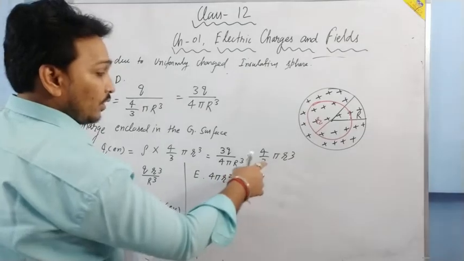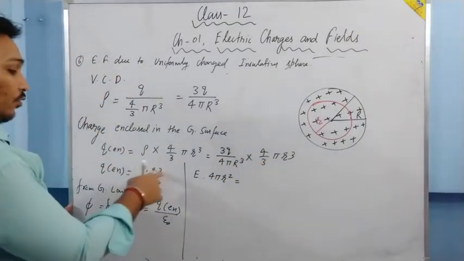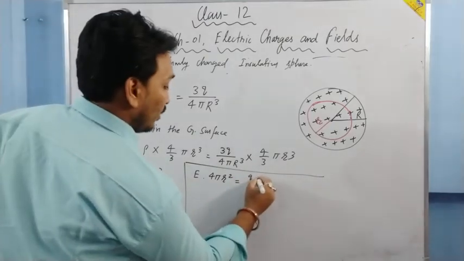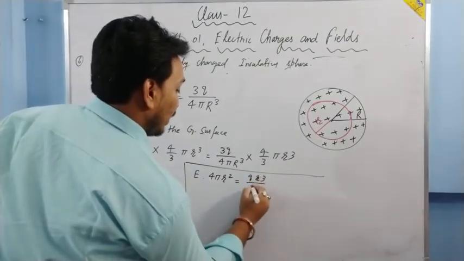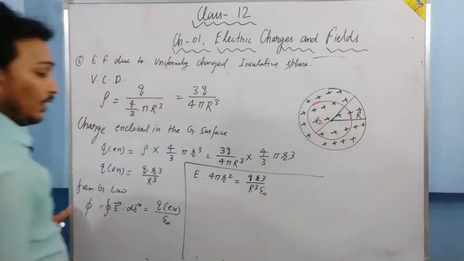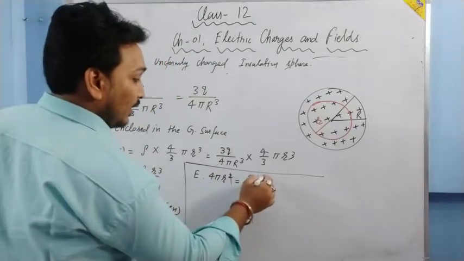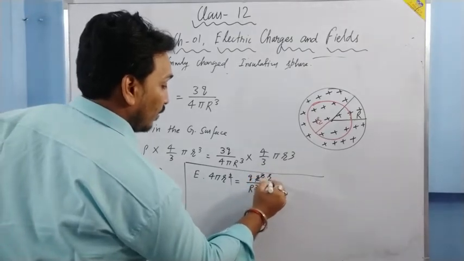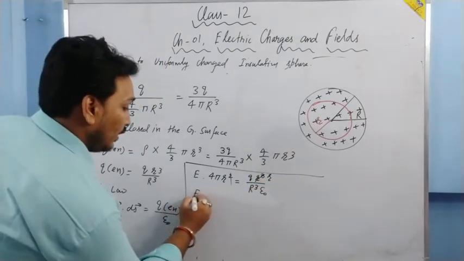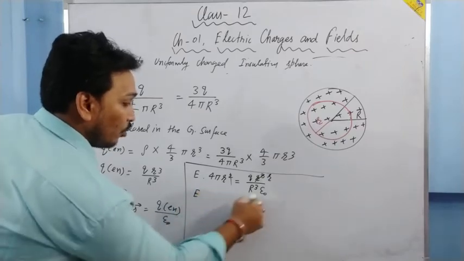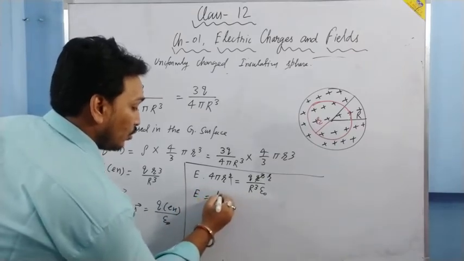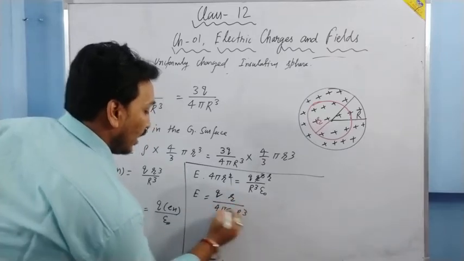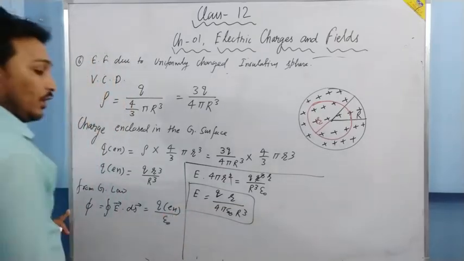For q enclosed we have here q r cube upon capital R cube. So r square is cancelled and one r will be left here. So what we are going to have? E into 4 pi is transferred to this side. So E is equal to Q into r upon 4 pi epsilon naught capital R cube. This will be the value of electric field.